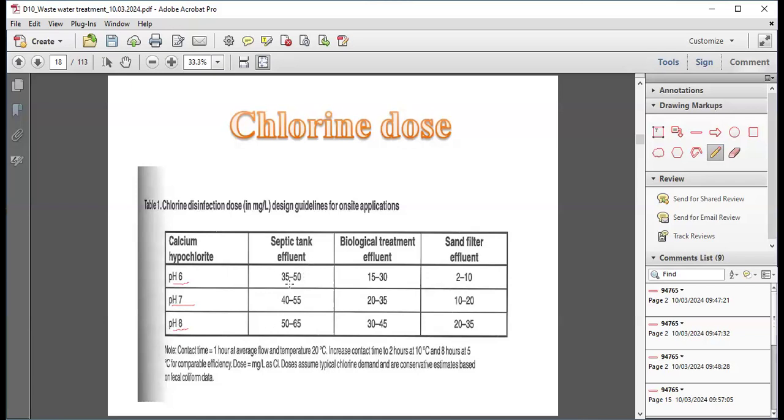Septic tank effluent at pH 6: 35 to 50. Biological treatment effluent, this one.